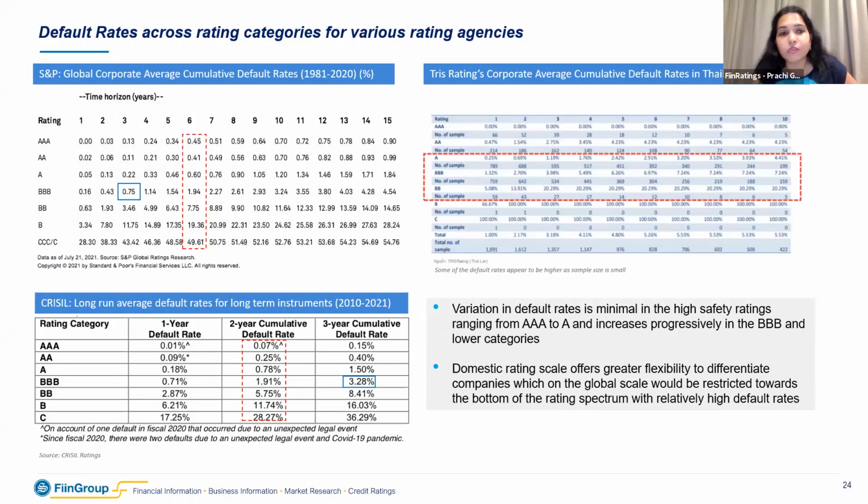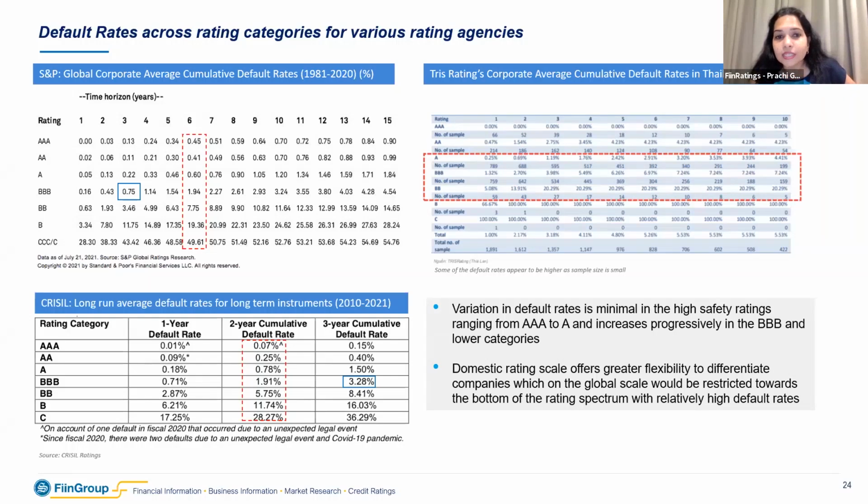Now, the interesting trend to observe is that the variation in default rates, and you can refer to the dotted red box that we have on the left side of this chart, is actually very minimal in the high safety ratings ranging from AAA to AA to A. So you see that up until the 6th year of the rating, if an entity is rated at AAA, AA, and A level, the variation is only between 0.45 to 0.6%.